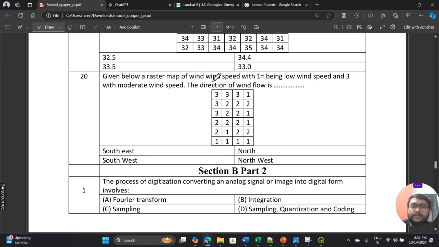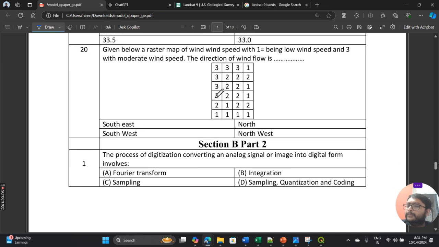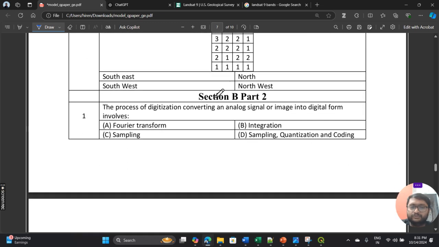Given the below raster map of wind speed, with 1 being low speed and 3 being moderate speed, you convert this data into ordinal attributes with ranks and find out how the wind is moving. Based on the convergence analysis you have to do this.